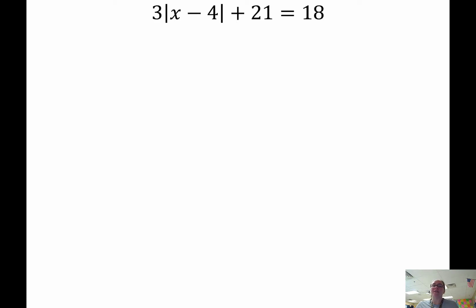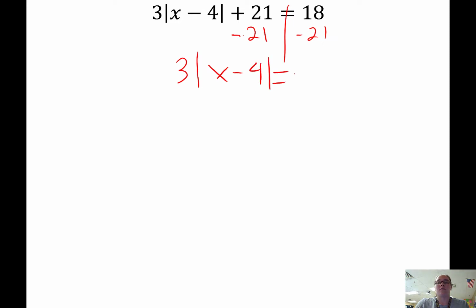All right, so let's look at this first example I have here. I've got 3 times the absolute value of x minus 4 plus 21 is equal to 18. All right, so first thing I need to do is isolate that absolute value. So I'm going to minus 21 on both sides, leaving me with 3 times the absolute value of x minus 4 equal to negative 3.